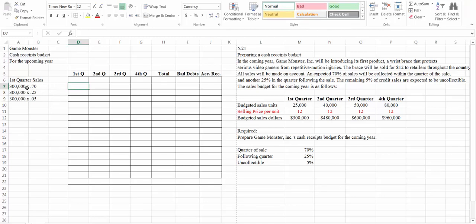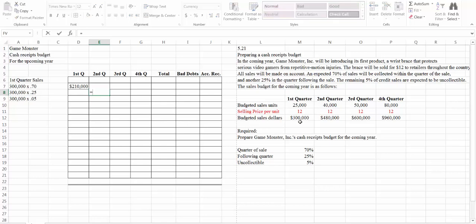So our first quarter sales will be collected 70% in the quarter of sales. So this is going to be equal to our first quarter sales, 300,000 times 70%. Okay, and then remember the first quarter sales will also be collected in the second quarter, and that's going to be the 25%.